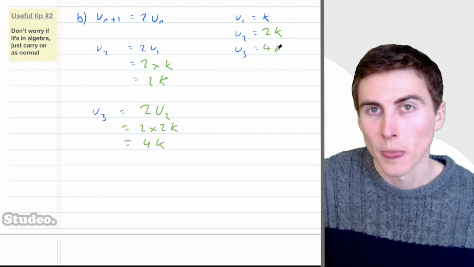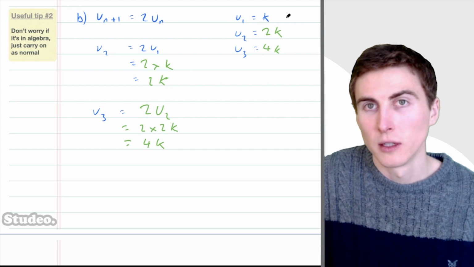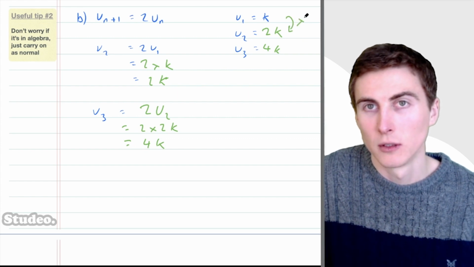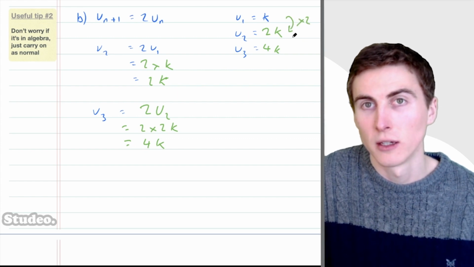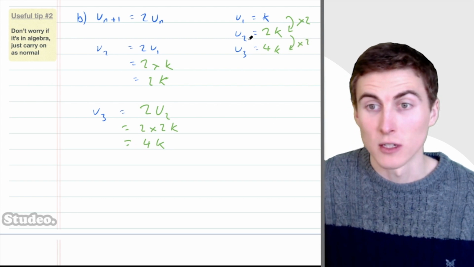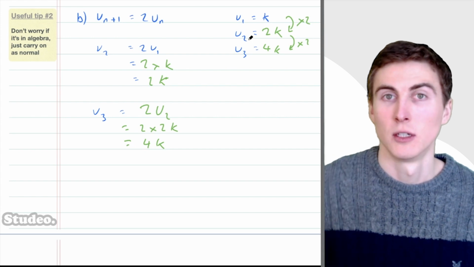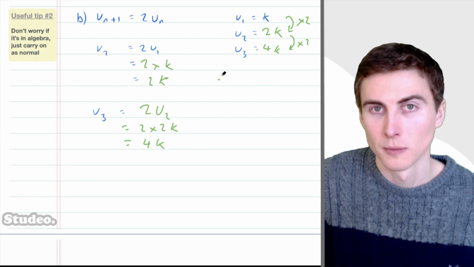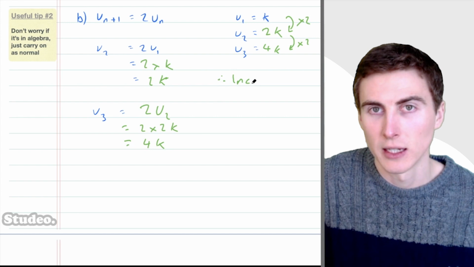Looking at this, it seems to be doubling each time. We go from k to 2k, then from 2k to 4k. And if it's doubling, it is getting bigger, so it's an increasing function this time. So this one here is an increasing function.